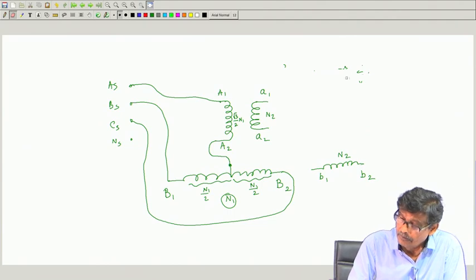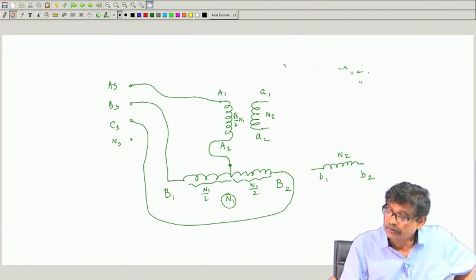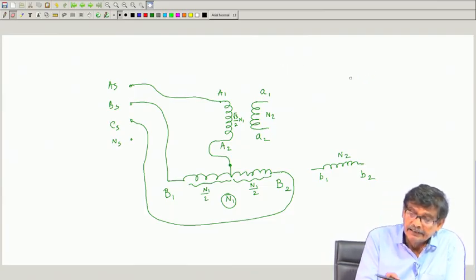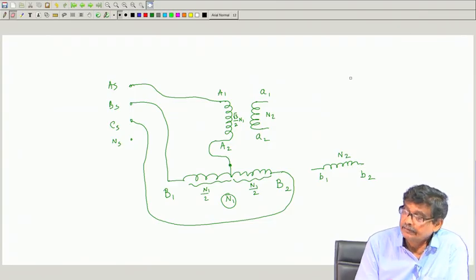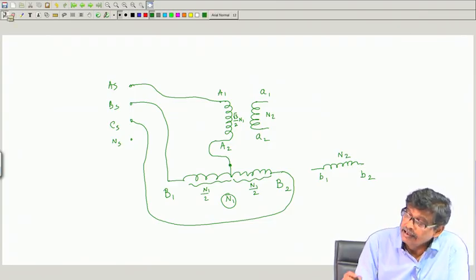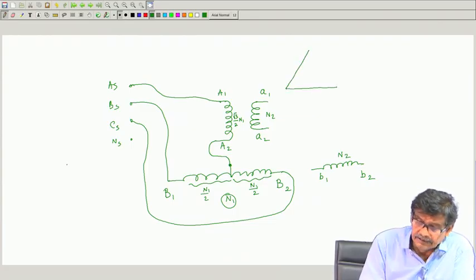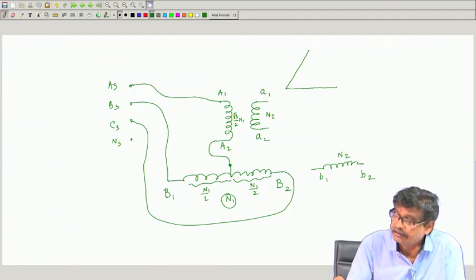Now, we have examined what this is. Suppose I want to see in phasor terms what voltage I have applied on the primary side. Since the supply voltage is balanced like the previous one in transformer connections, I can draw this voltage triangle, and the supply is phase sequenced as AS, BS, CS.